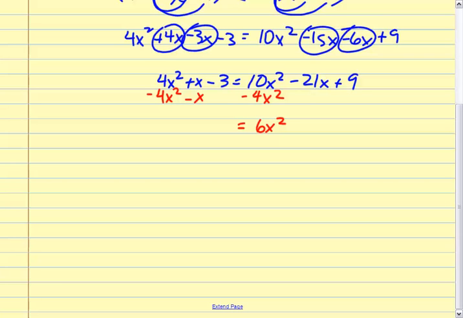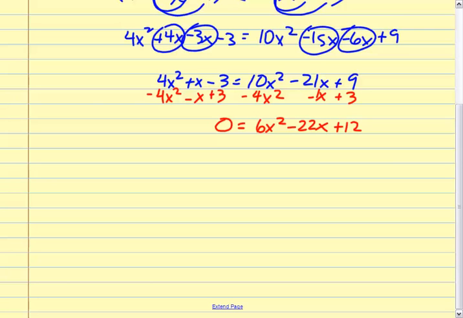Subtract x from both sides, it's going to give me negative 22x, right? Because this is negative 1x. And then add 3 to both sides, and that's going to give me 12. Equals 0.